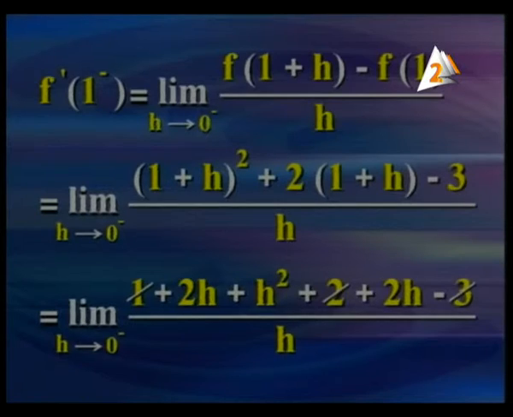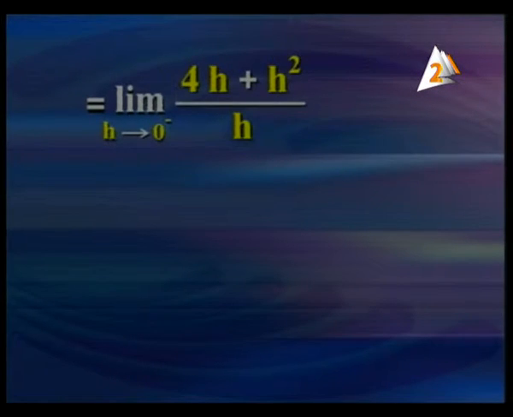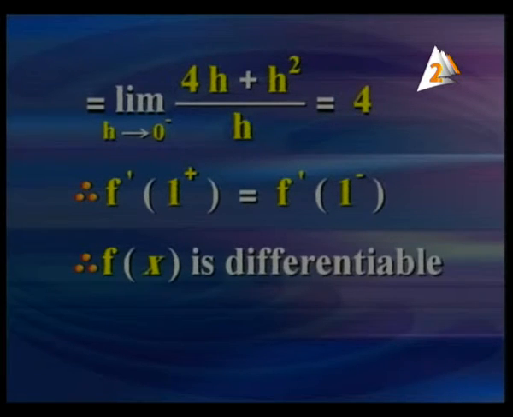The answer is the limit when h tends to 0 negative of 4h plus h² over h. What do you do, dear student? We take h as common factor, equals 4 when h tends to 0. Then f dash of 1 positive equals f dash of 1 negative equals 4. Therefore, f of x is differentiable at x equals 1.